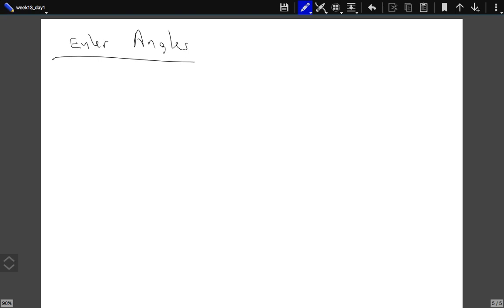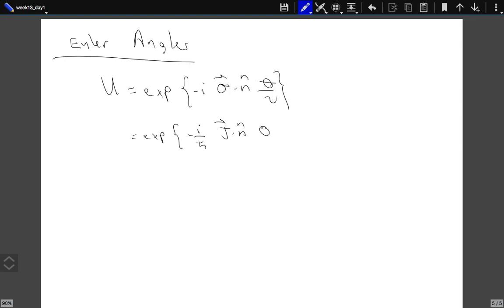Now, for rotations, we have already been saying that rotations can be written as the exponential of minus I sigma dot n hat theta over 2, for a 2 by 2 matrix at least. Or in general, exponential of minus I over h bar J dot n hat theta. This is for an arbitrary system, J being the generators of rotations.